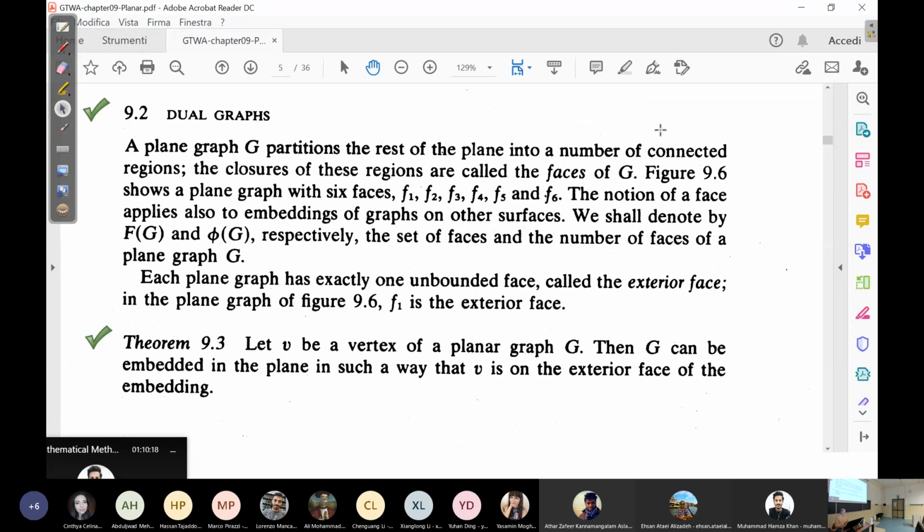Now, when we have a plane graph, then we have faces. What do we mean? We mean that if we take out of the plane the points representing vertices and the curves representing edges, then we are left with some pieces of plane. These pieces are called the faces of the plane graph. One of these faces is unbounded, and it is called the exterior face.